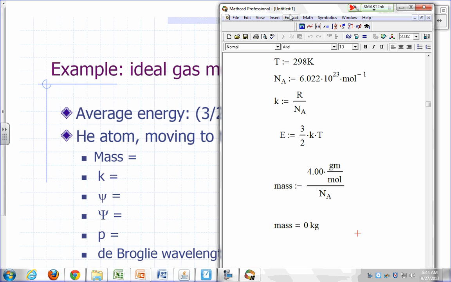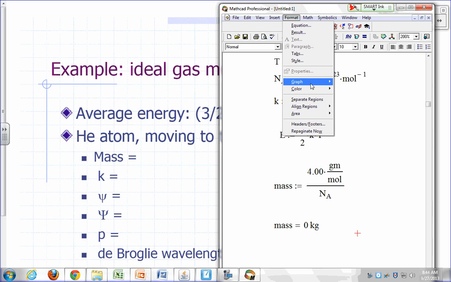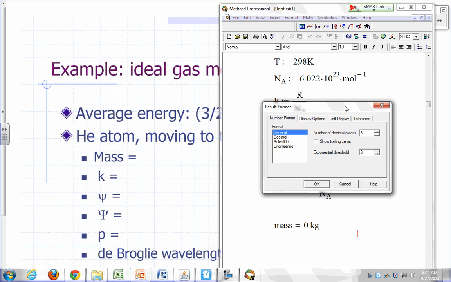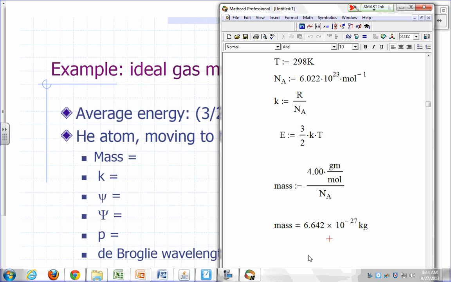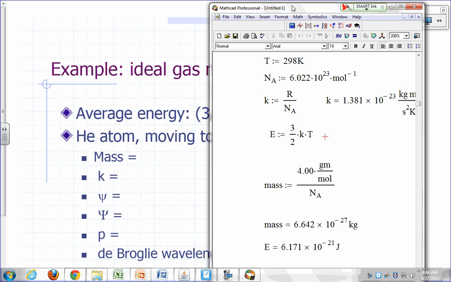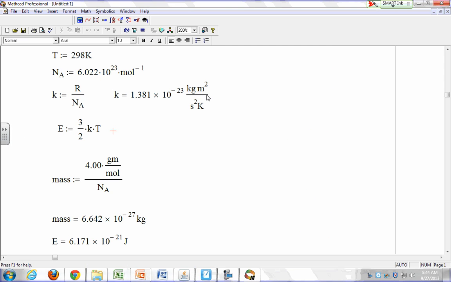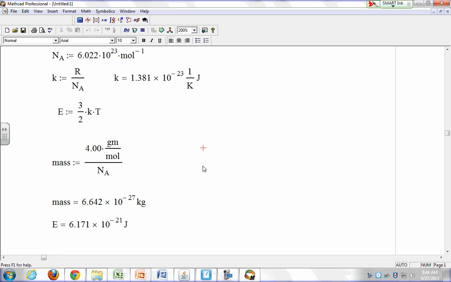Okay, we need to set our zero tolerance to 10 to the negative 300. So 6.6 times 10 to the negative 27 kilograms. And what's our energy? 6.171 times 10 to the negative 21 joules. Boltzmann's constant is that, so that's joules per Kelvin: 1.381 times 10 to the negative 23rd.